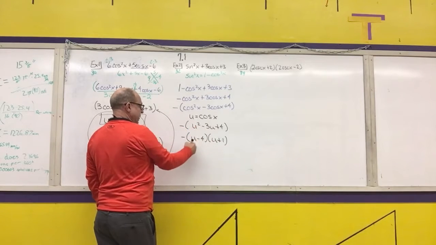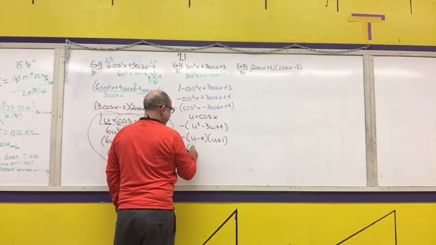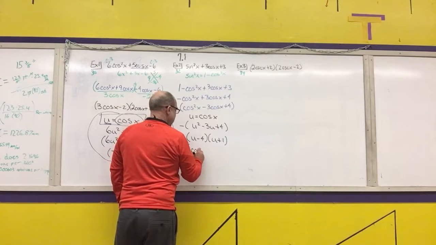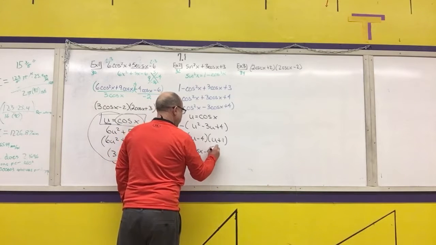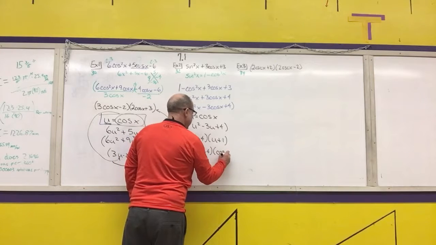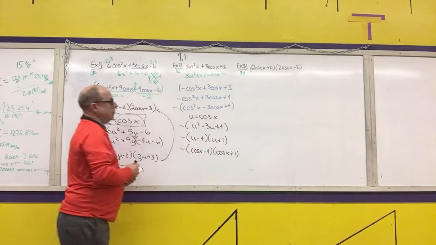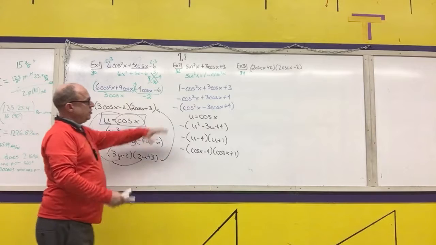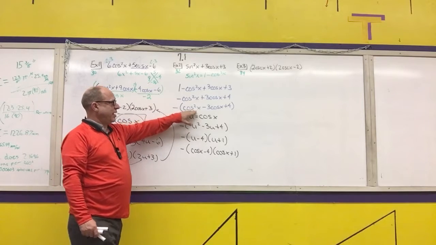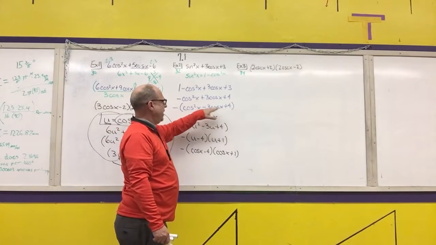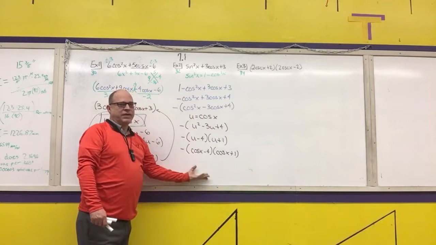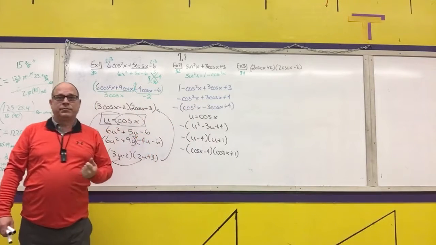Put my cosine of x back where u was, and I get negative cosine x minus 4 times cosine x plus 1. Again, you did not have to do this u substitution if you directly saw that I need two numbers that multiply to 4 that add to negative 3 and just done the factoring without doing the substitution.